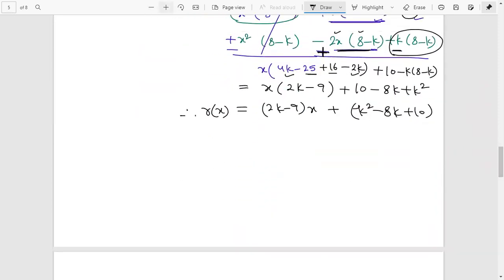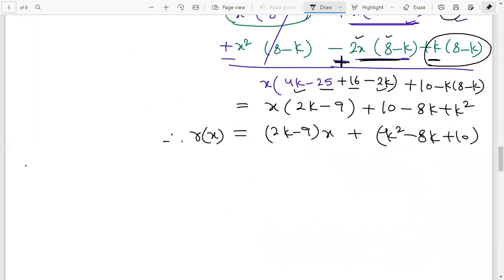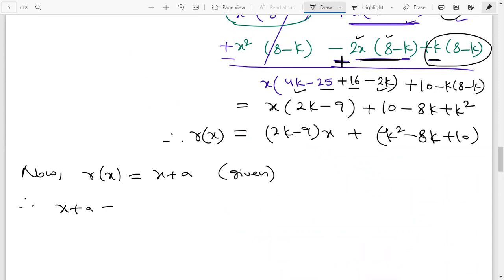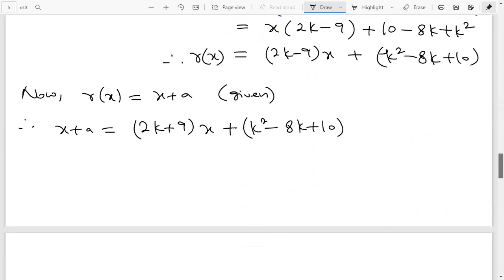Now we have the last 1 minute to get the answer. Now r(x) equal to x plus a is given. Hence we can say x plus a, the remainder given, equals the remainder we got by dividing dividend with divisor, plus k square minus 8k plus 10. So we'll equate the coefficients, because both are equal, since the equal sign is there.